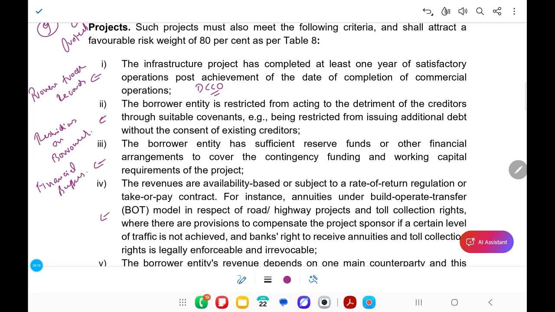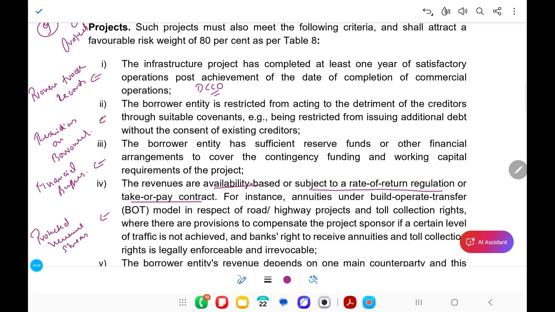Coming to the fourth criteria, this criteria is basically talking about the protected revenue streams. Okay, so what does this mean, protected revenue streams? Basically the project revenues must be, it is a technical word here, availability based. Okay, I will discuss later on what this means. Availability based and subject to a rate of return regulation, or a take or pay contract.